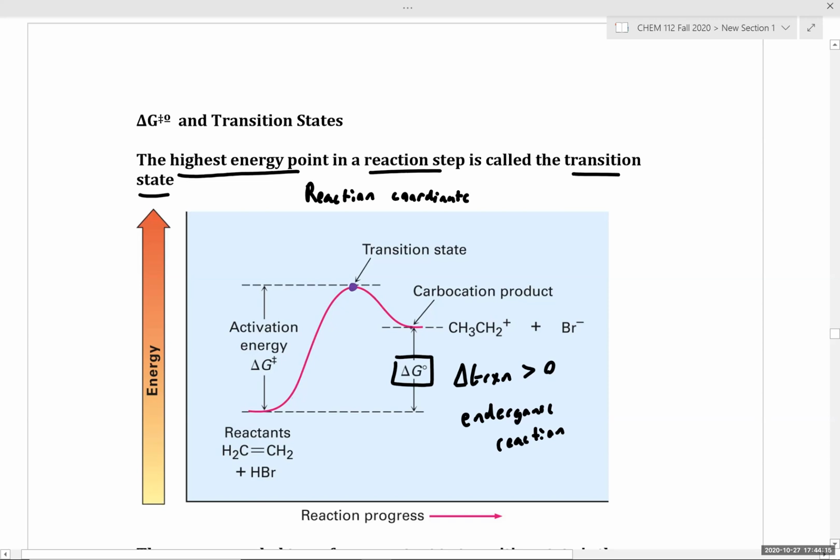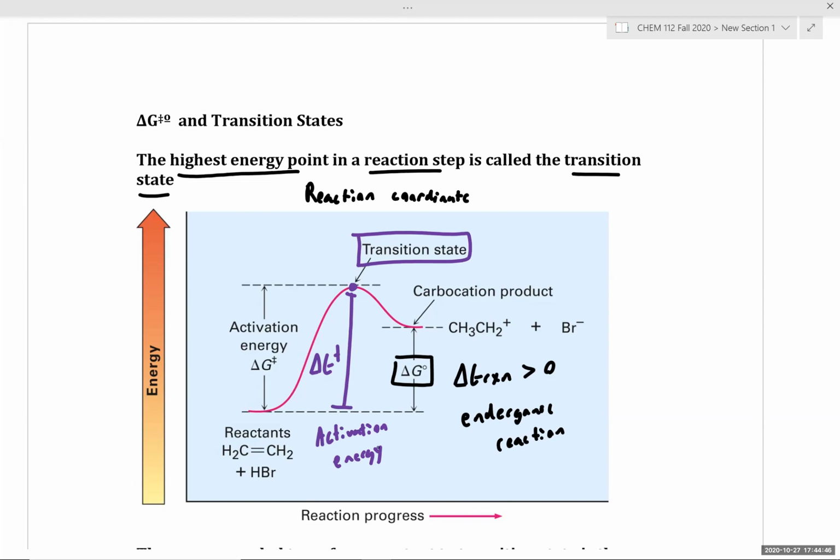So in our conversion from reactants to products, we go through a transition state. The difference in energy between our starting reactants and our transition state is known as the activation energy. And the activation energy plays a critical impact on the rate of the chemical reaction and the selectivity for different chemical reactions.